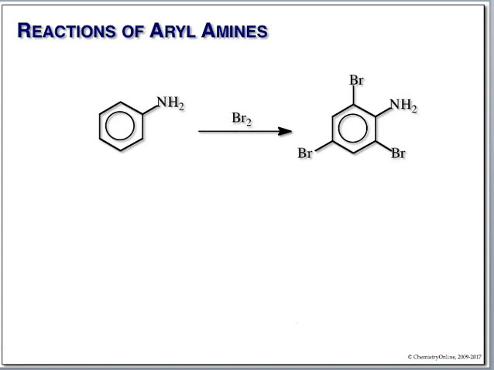You don't even need the iron(III) bromide. It is so reactive that you cannot stop the reaction at the monobromination stage. So this pathway will not give you the monobromo product.